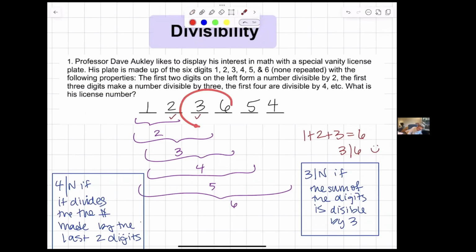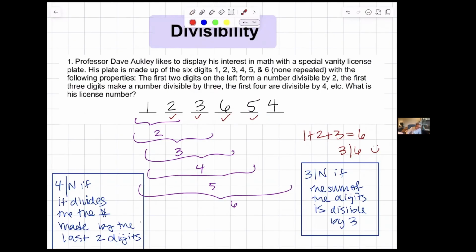Okay, so good. We need 36 to be divisible by 4, and I believe that it should be. Is that right? 36 is divisible by 4? I think that's 9, right? 36 divided by 4 is 9. So that seems good. And then we said already this number had to be 5. That's how we were going to know it was divisible by 5. So that one's good.